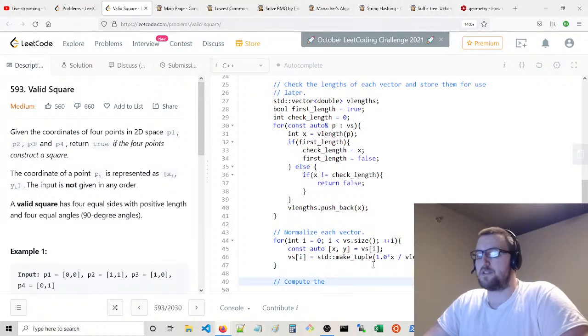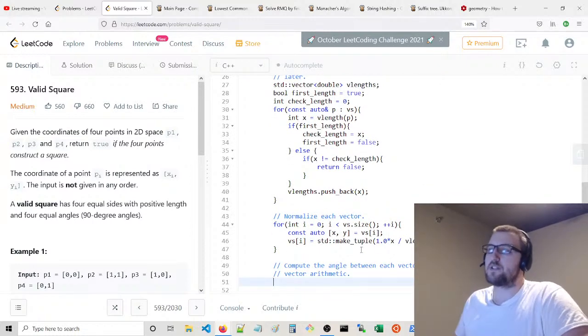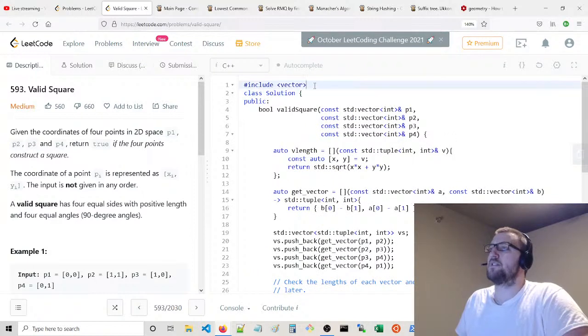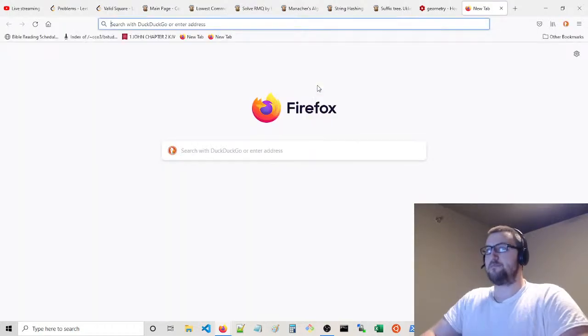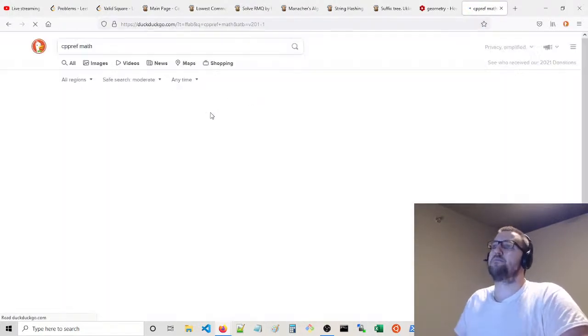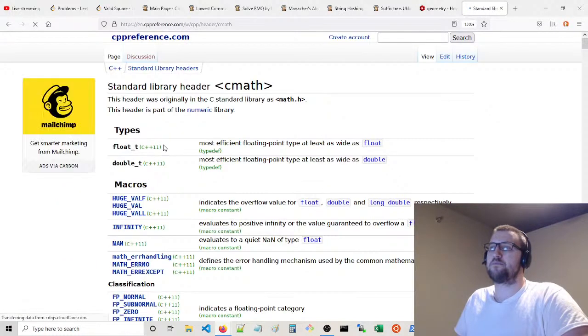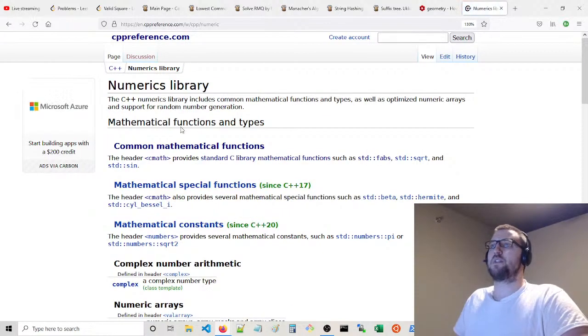So we'll compute the angle between each vector, using some vector arithmetic. So now we can use arc cosine, which I think is in cmath, right? Okay, we really just need numeric.